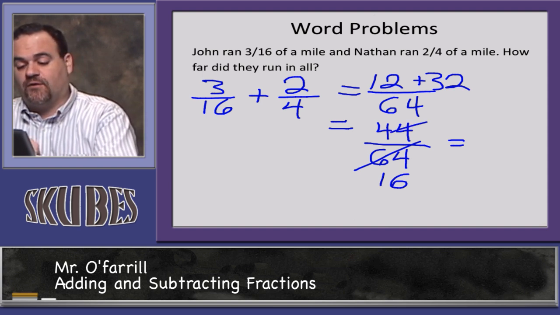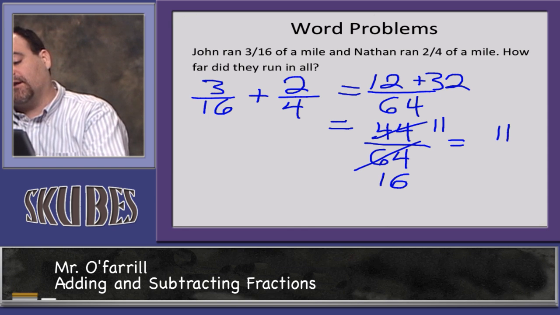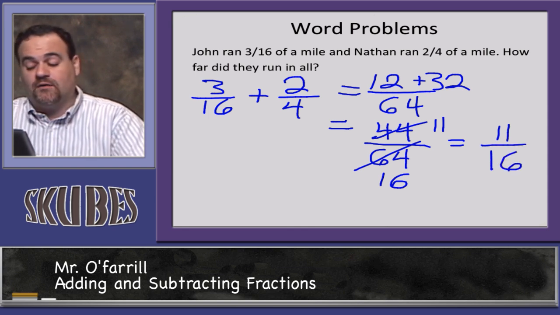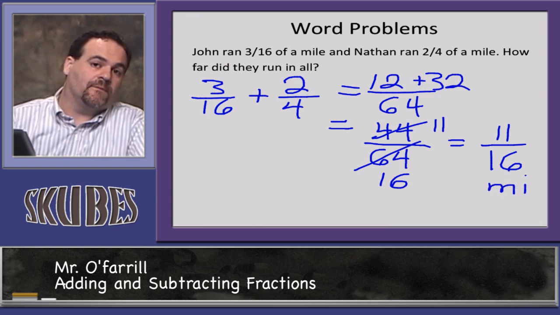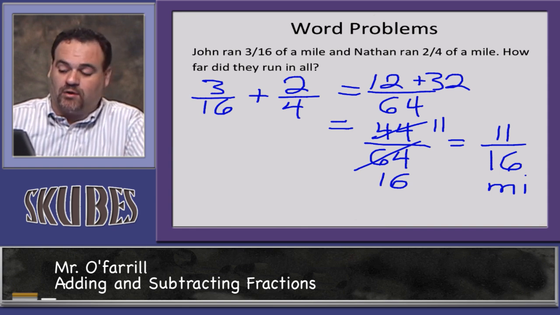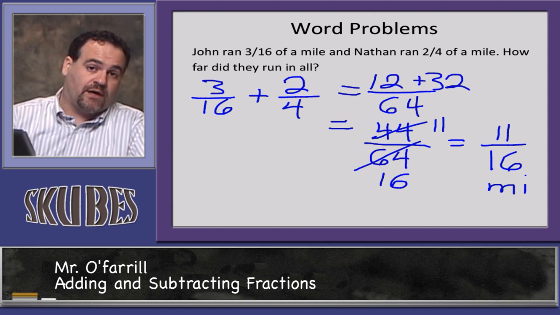And 4 goes into 44 11 times, leaving us with a final answer of 11/16. Or how far did they run in all? 11/16 of a mile. And don't forget your units at the end of a word problem such as this. And that'll conclude our lesson on adding and subtracting fractions.